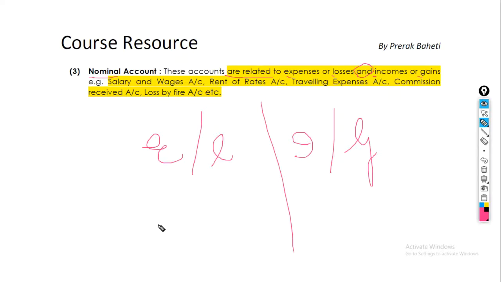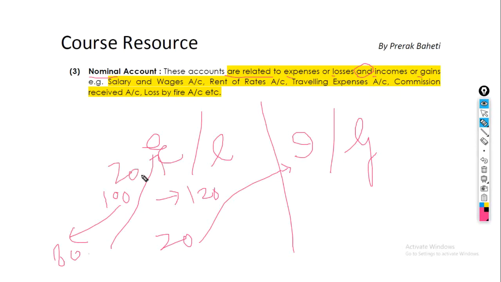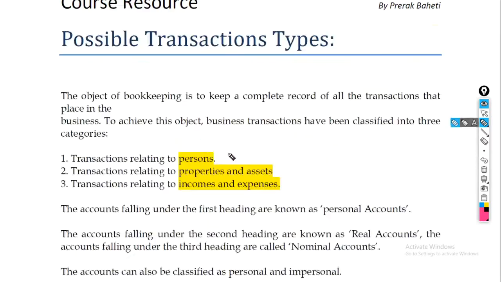For example, if we purchase an investment at rupees 100 and sell it at rupees 120, we have a 20 rupees gain, that is income. And if we sold it at rupees 80, it means a 20 rupees loss. Hence, whenever a transaction like this occurs, which includes expense, loss, income or gains, we'll have to use the rules of a nominal account.